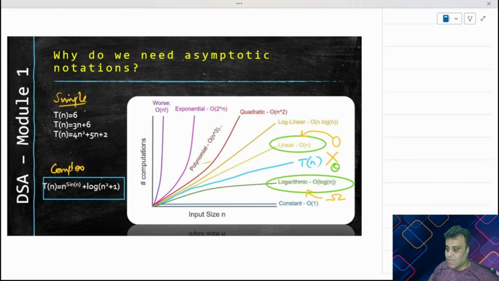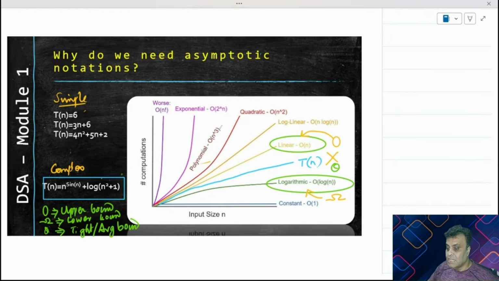So if we summarize, we have just now understood that big O refers to the upper bound of an algorithm, omega refers to the lower bound of an algorithm, and theta refers to the tight bound or average bound of an algorithm. And what do these help us in?